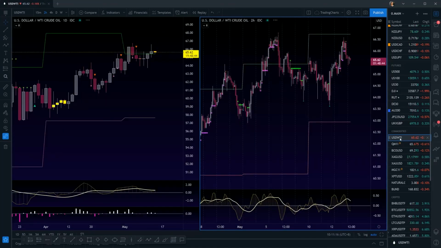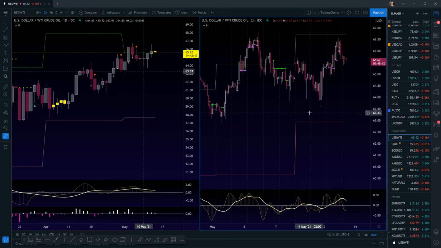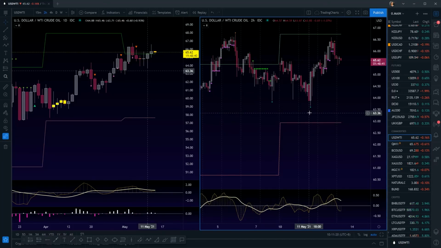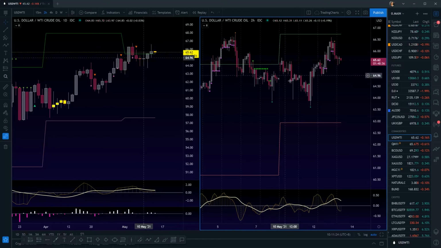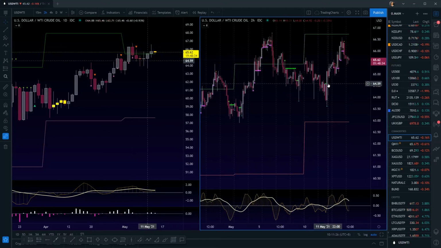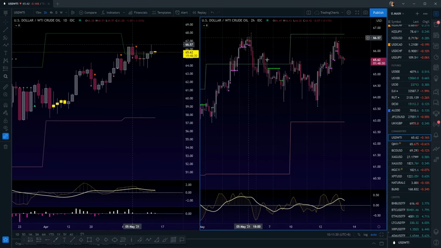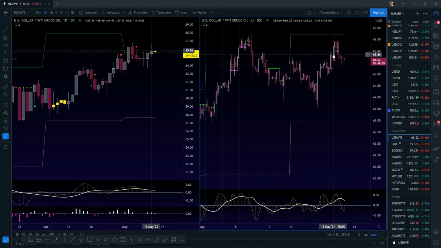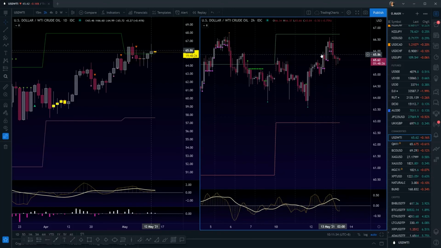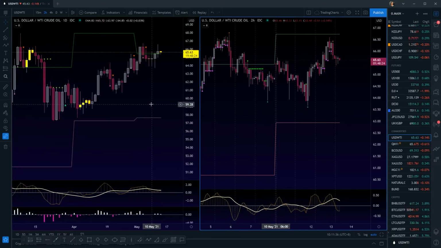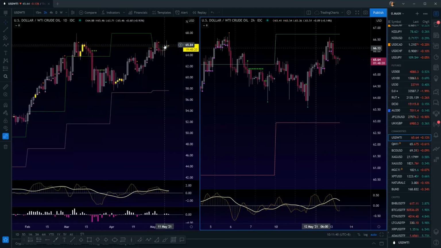Okay, looking at WTI. This is just a bit of a mess to trade right now. Down, up, down, up. It's trying to break out of this monthly level to get higher.